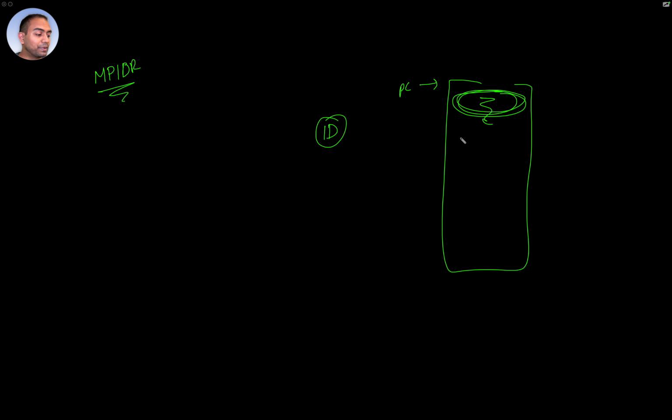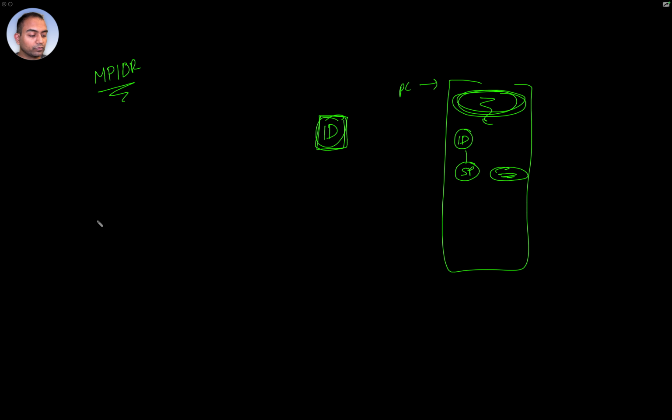And then based on which CPU it is, we can load the stack pointer with different addresses, and those addresses depend on some mathematics relating to the ID.